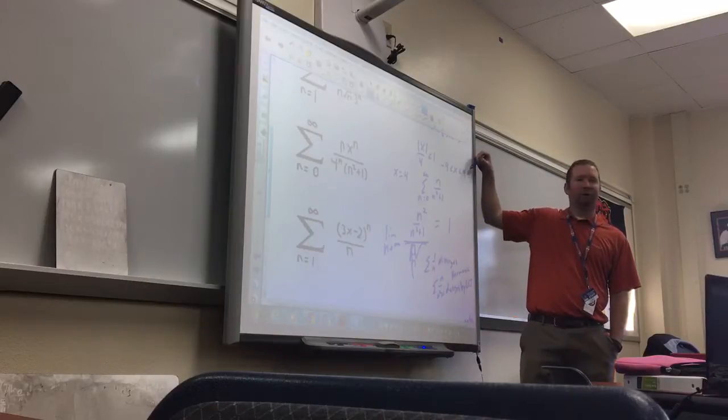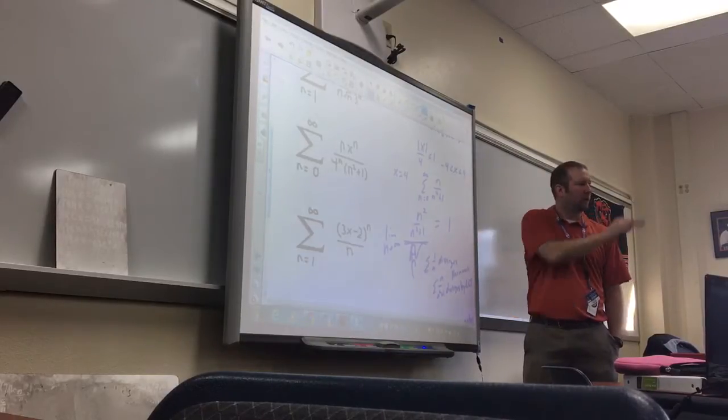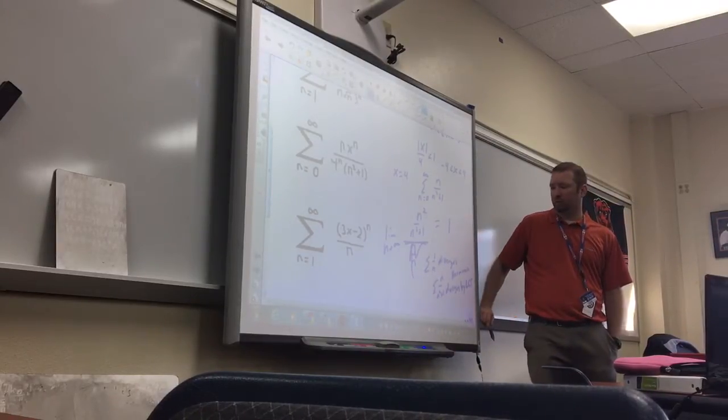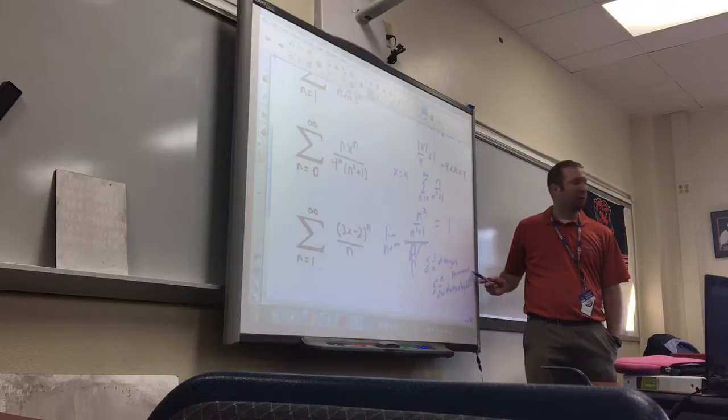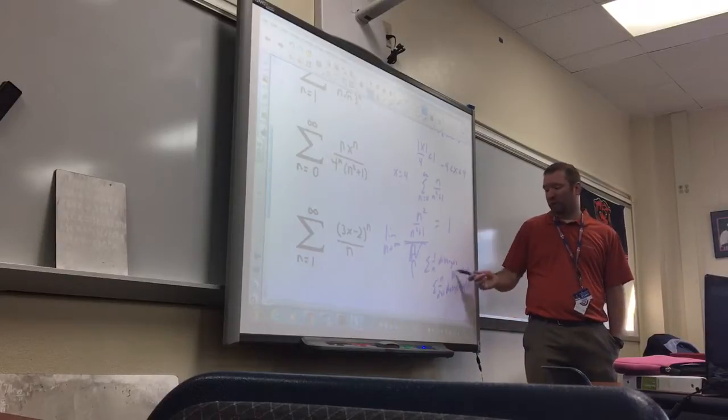So 4, don't change it. Non-inclusive. Yep. In fairness, we don't have to verify how we know that it diverges. We can just say that we know that 1 over n diverges. Well, I did. I said it's harmonic. Yeah, we don't have to show any work for why 1 over n diverges. Well, you've got to tell why.